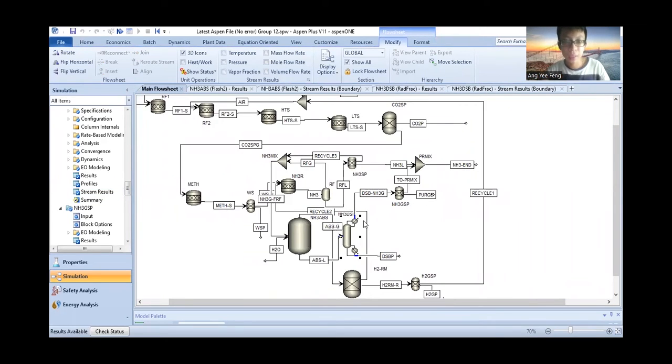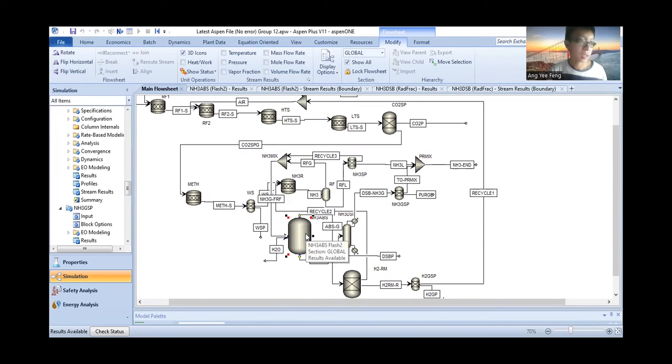The gas stream will enter the NH3 GSP, which is the ammonia gas separator, and then join the pure liquid stream in the end product mixer. The purpose of the end product mixer is to combine both streams in different phases, since the ammonia stream exiting the dissolver is in the gas phase, while the other is in the liquid phase exiting the refrigerator.